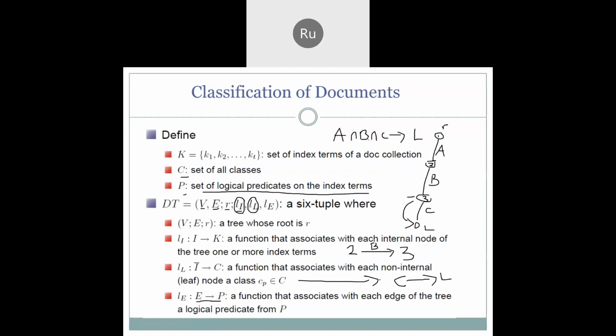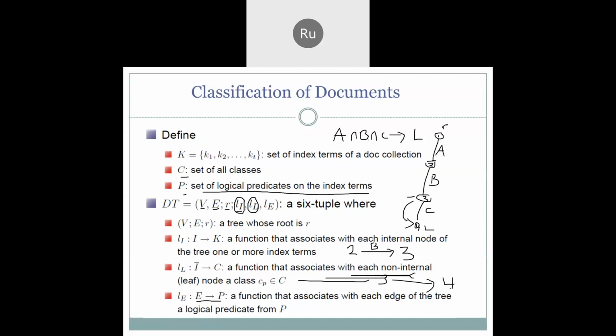Okay, so this one is basically if you are in 3 and you have C, then you go to L, basically here, 4. Okay, so those are all the 6 tuple that we require to have.